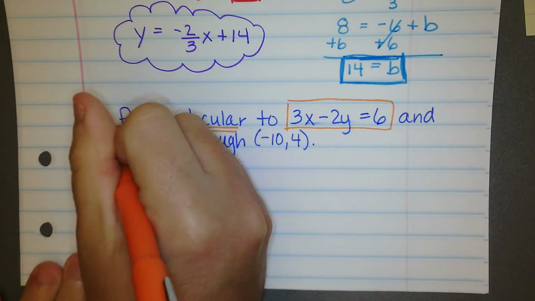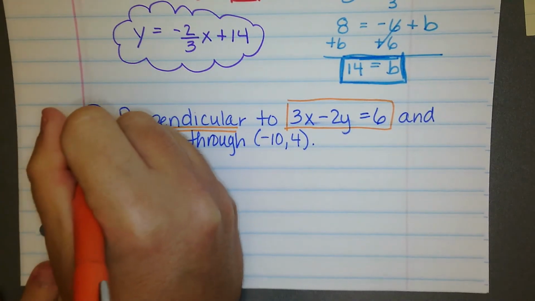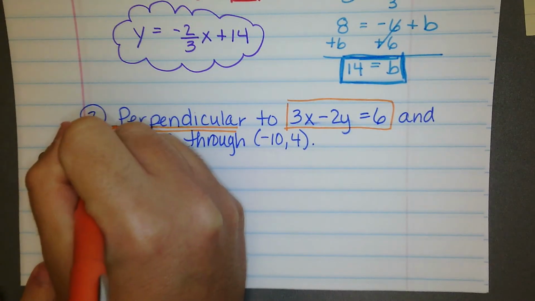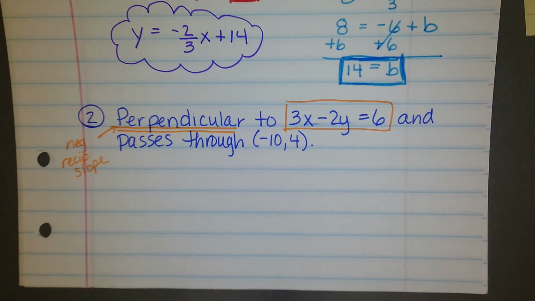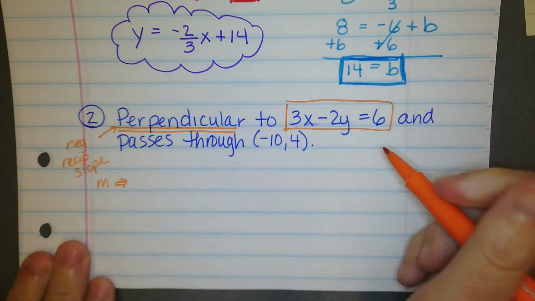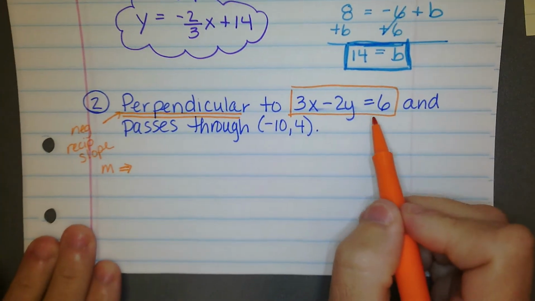So write yourself a note. Don't forget to do the negative reciprocal slope on this equation. So I'm going to start with m. I need to put this into mx plus b form.